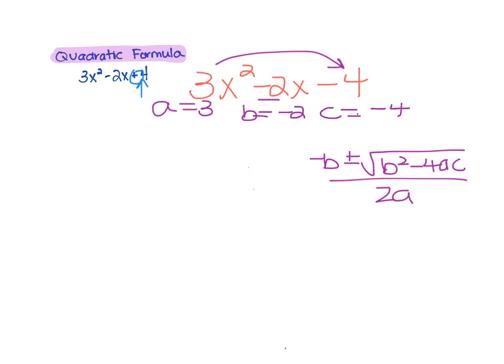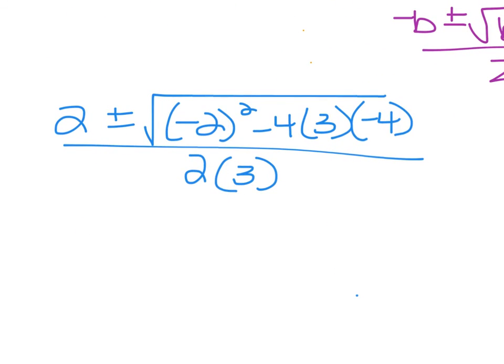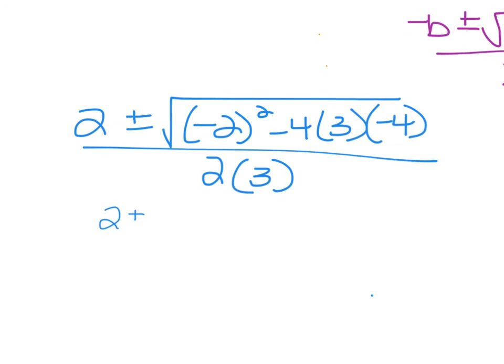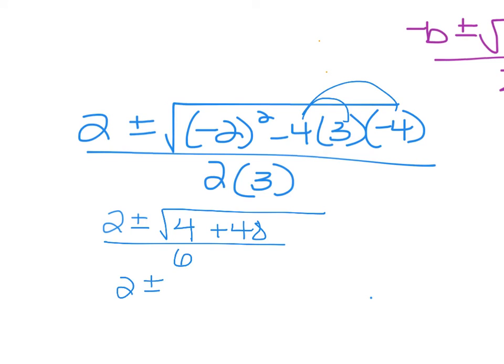The opposite of -2 for b is 2, plus and minus the square root of negative 2 squared minus 4 times a, which is 3, times c, which is negative 4, all over 2 times a, which is 3. So I get 2 plus or minus the square root of 4, and negative 12 times negative 4 is positive 48, over 6. So 2 plus or minus the square root of 52 over 6.